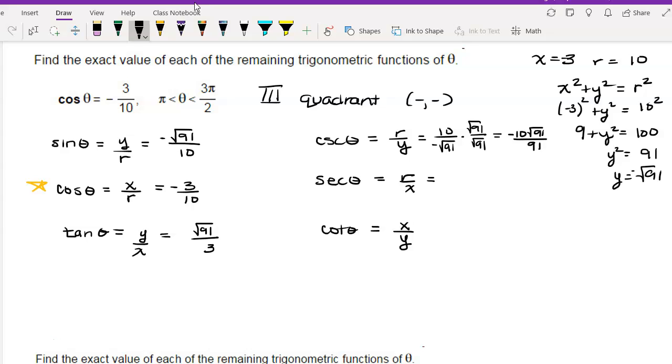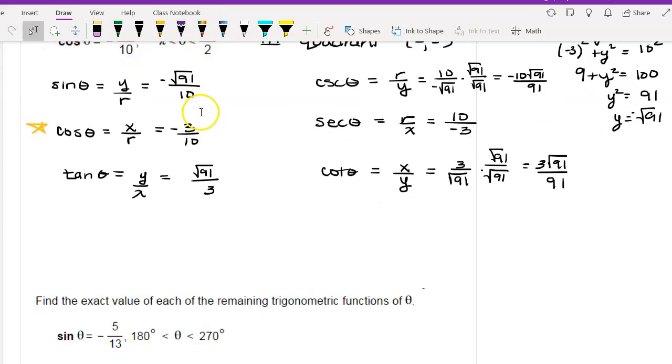Alright, next we have secant theta, which was just the inverse of cosine theta, so we get 10 over negative 3. And then cotangent theta, we do 3 over the square root of 91. But once again, we do not want that radical on the bottom, so we have to rationalize. And we get 3 radical 91 over 91.